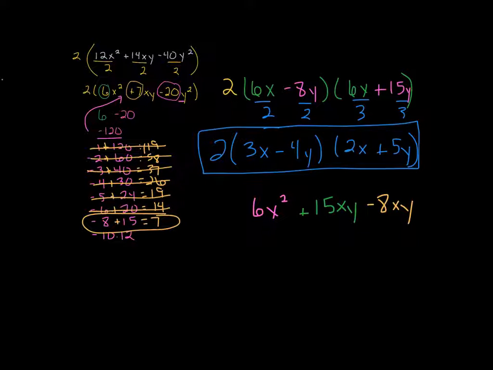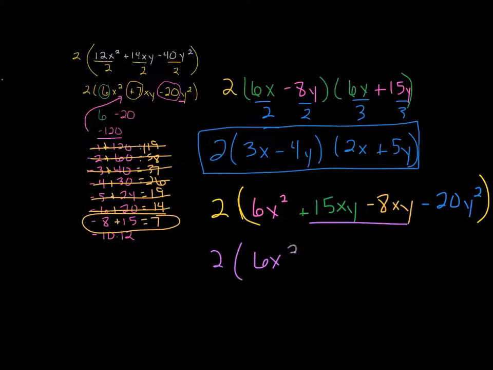And the last, minus 20y squared. And of course we still have our common factor. Now we need to combine our middle terms. So we have 6x squared plus 7xy minus 20y squared.